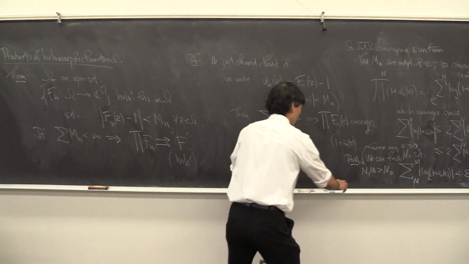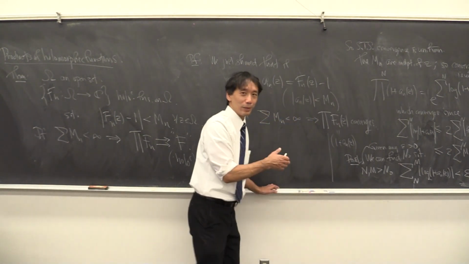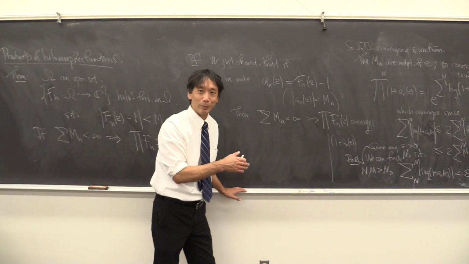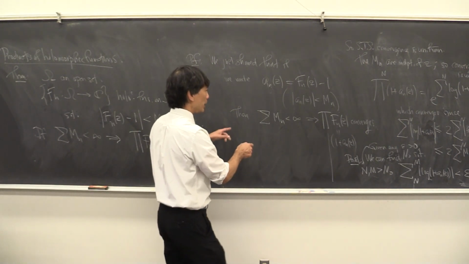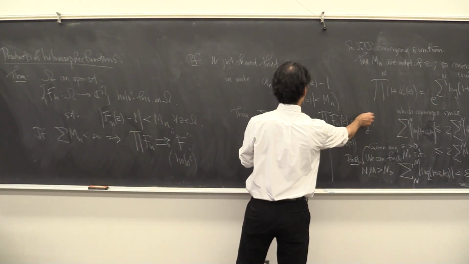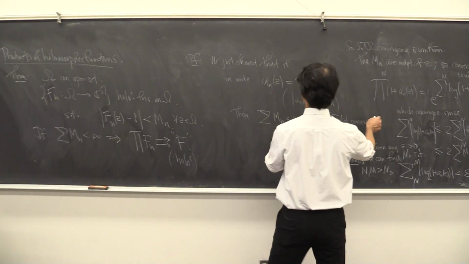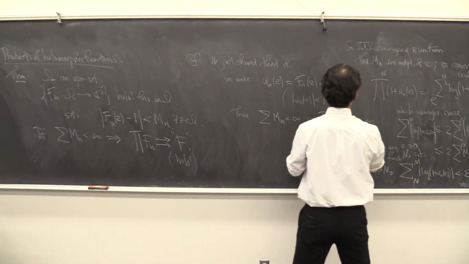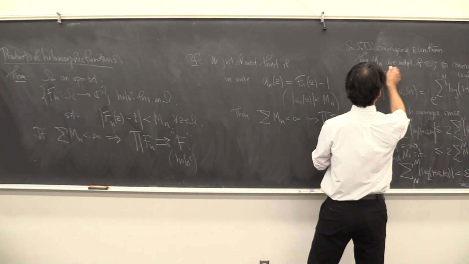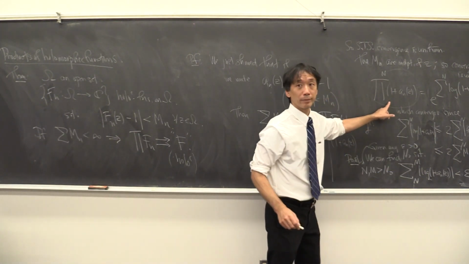Is this clear enough, or do you want me to try to lay it out a bit more clearly? You're trying to show that this thing converges uniformly.